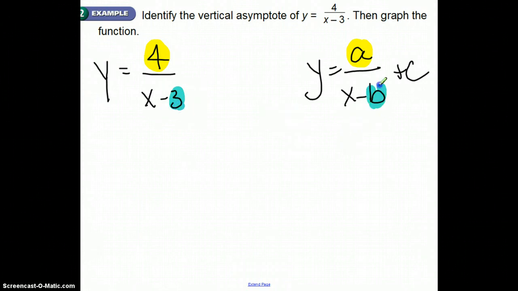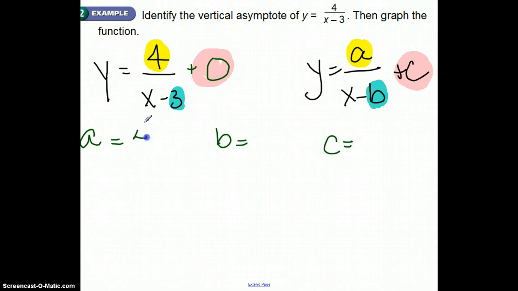The B value is 3, because it's x minus B. So x minus B, so B would have to be 3. Now when I go looking for the C value, there isn't one, which means it must have been 0. So just like we used to do with quadratics, I'm going to make a list here and do A, B, and C. A is 4, B is 3, and C is 0.